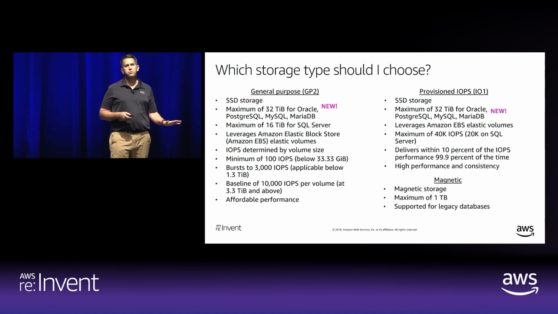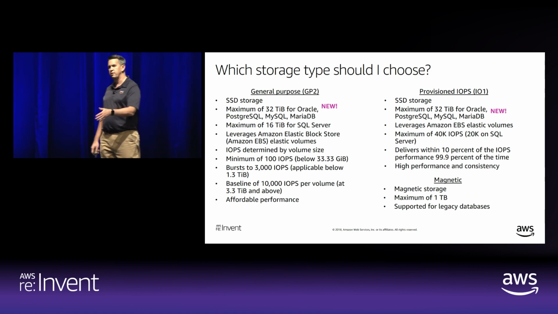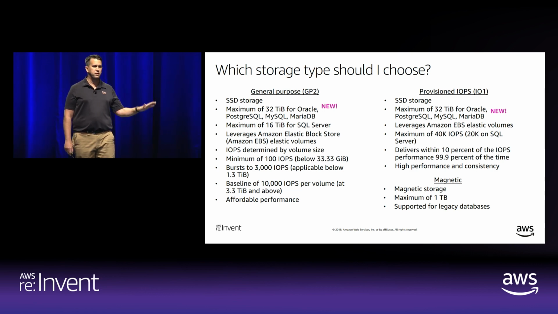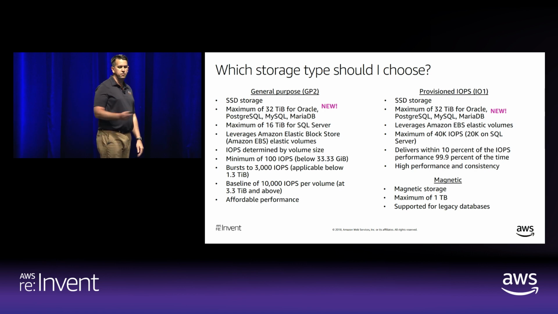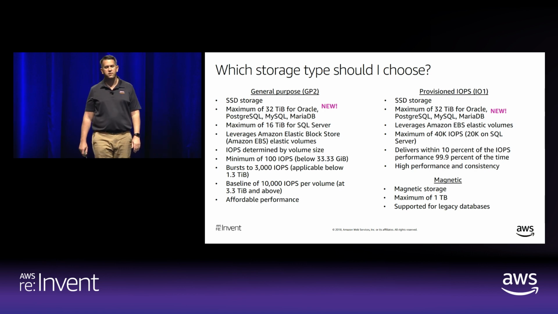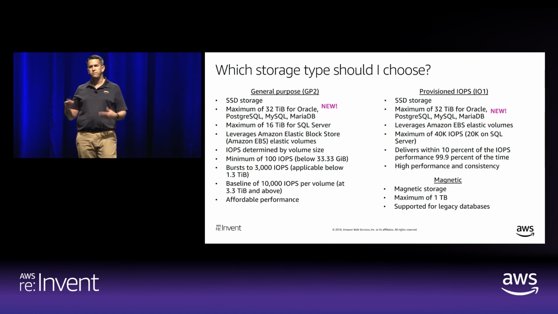Now, with GP2, the amount of IOPS that your instance has, the amount of throughput that you're going to have, is based on the size of the volume. So you're going to get 3 IOPS per gigabyte of storage. So you'll have a minimum of 100 IOPS. That's below 33 gigabytes. Also, between 33 gigabytes and 3.3 terabytes, you have burst capability.